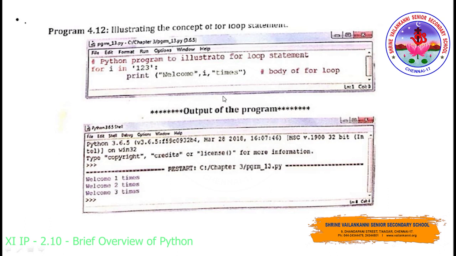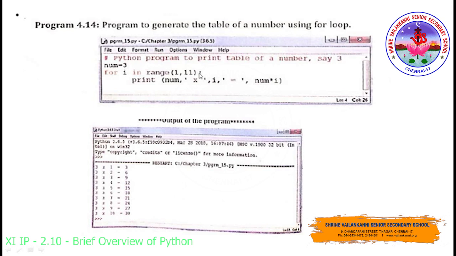So understood. So even one more program, if you see here, to generate the table of a number using a for loop. So to generate the multiples of 3, starting from 3 into 1 till 3 into 10. Even this is possible using the for loop in Python programming. Not only by making use of the for loop, you can even make use of the while loop concept.